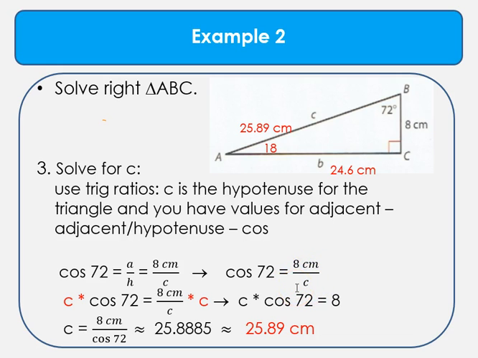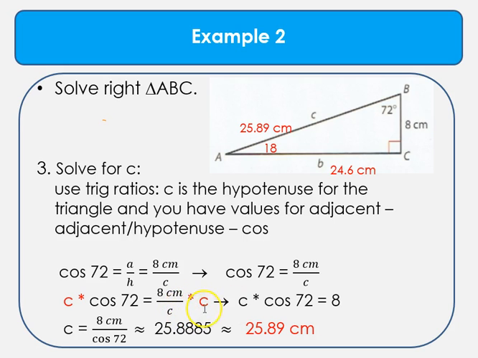So let's multiply both sides by C. And when we multiply by C, or by any number that's in this denominator, you want the number to go to the left of the cosine 72. So C times cosine 72 equals 8 centimeters times C, divided by C times C. So we've multiplied both sides.